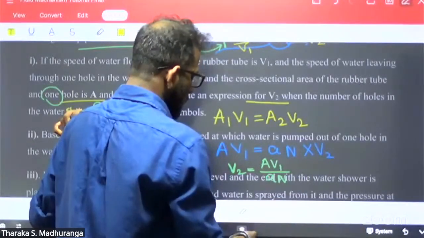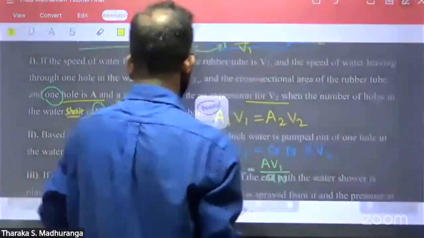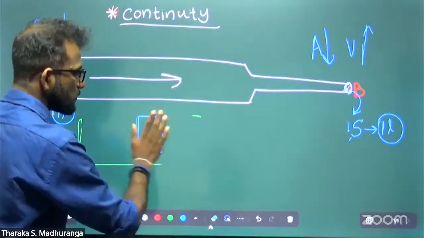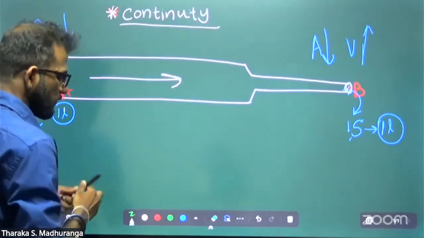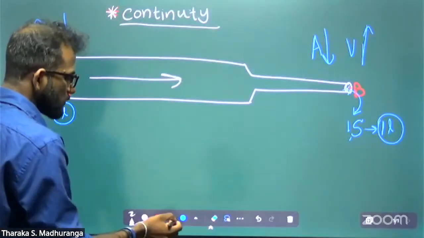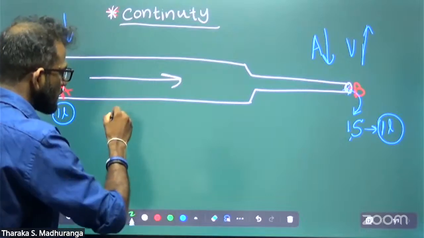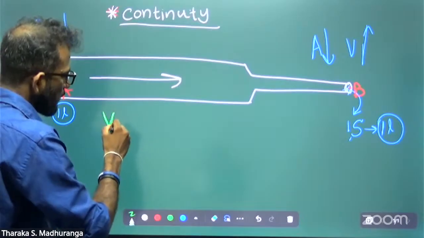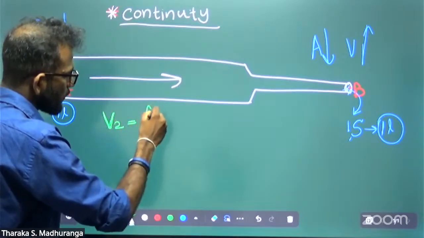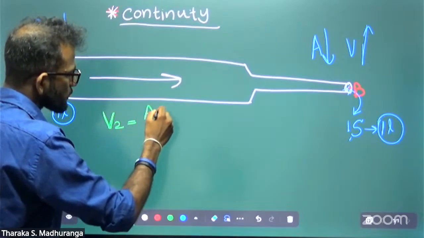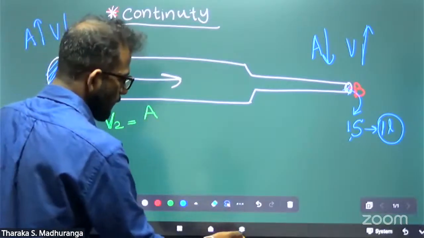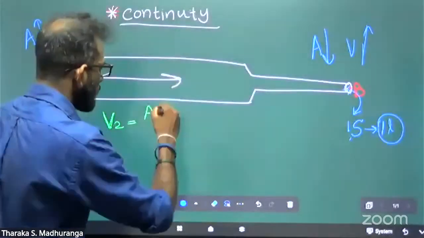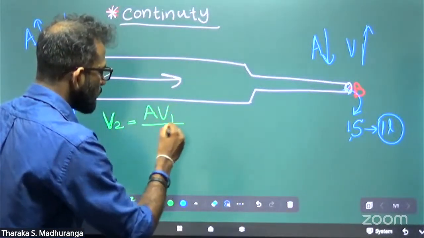According to the continuity equation, we have the equation V2 equals A V1 over A N.